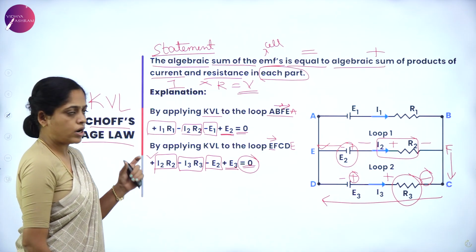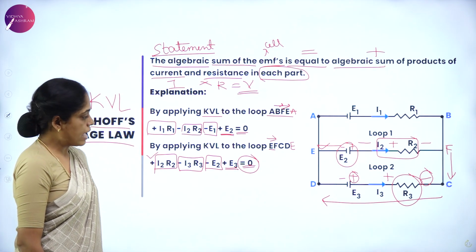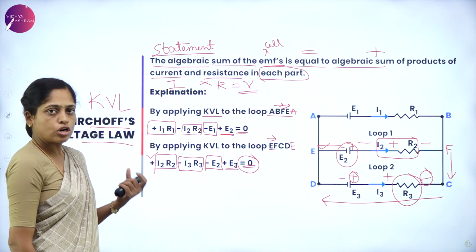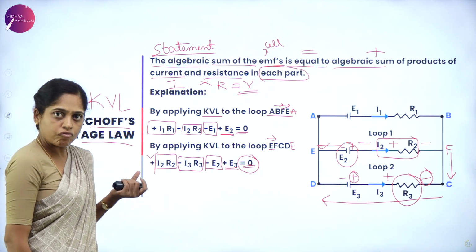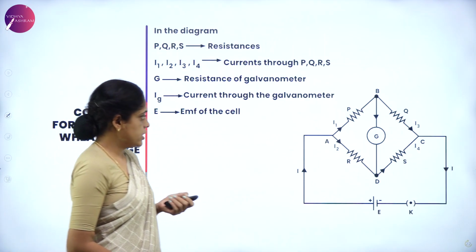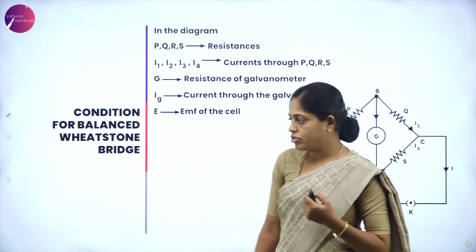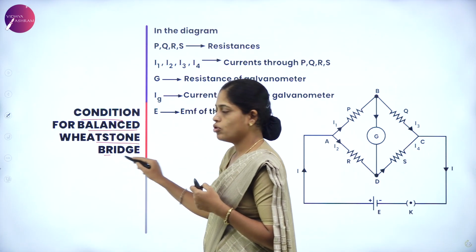You have to equate this to 0 according to the statement of KVL. This is Kirchhoff's voltage law, where for a complicated circuit you can find out the voltage. Using this KVL and KCL, let us find out the balanced condition for the Wheatstone bridge.